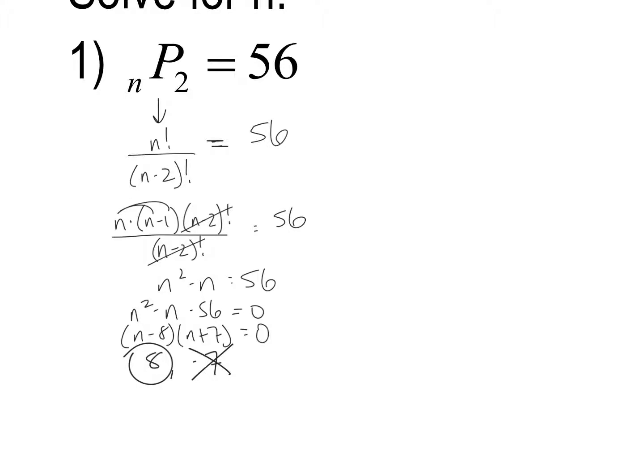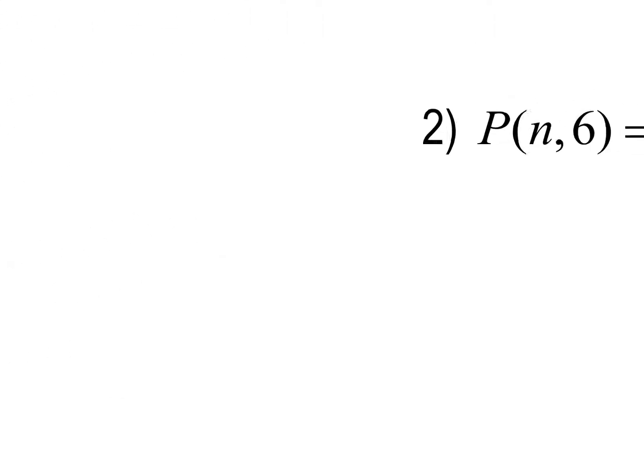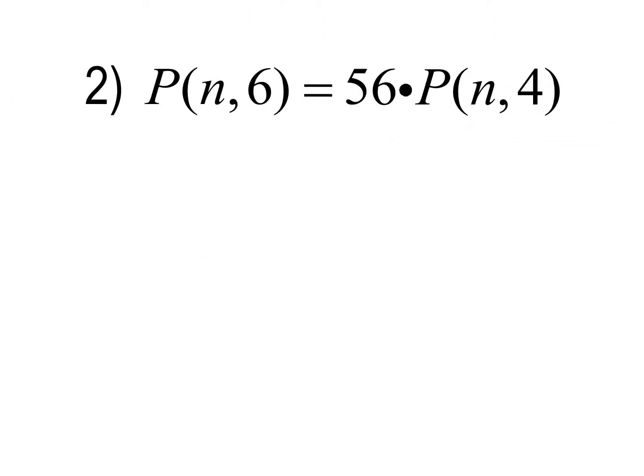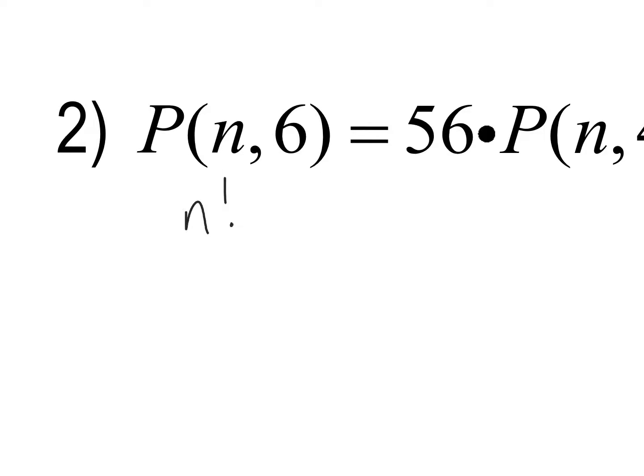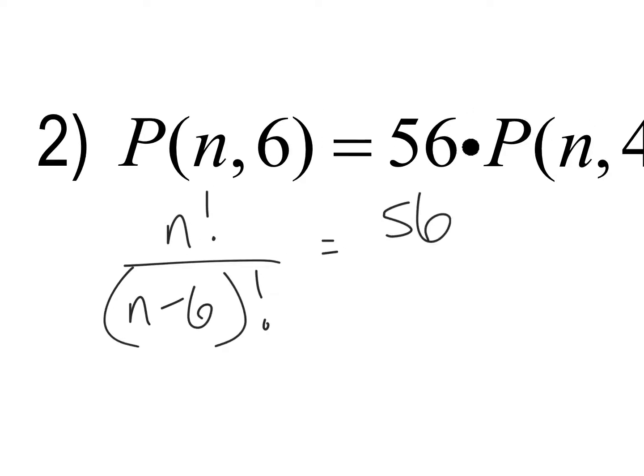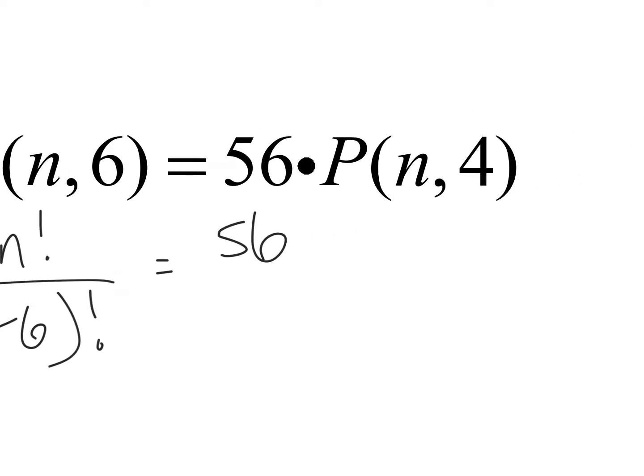Okay. The last one is a little bit harder, but again, I'm going to use the formula for this P of n comma 6 situation, and that is n factorial over n minus 6 factorial. That's the formula for permutations. And then 56 times, same thing here, n factorial over n minus 4 factorial.